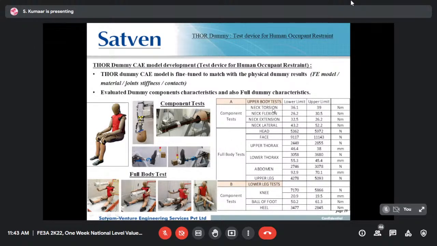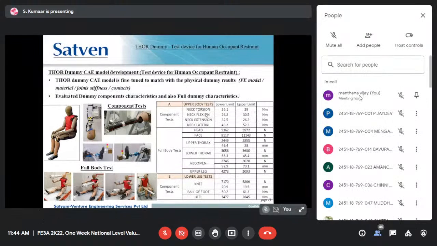Once I have achieved neck torsion at component level, then for the same neck we need to perform the flexion also. In order to achieve the flexion limit, we need to again modify the same part or some different part's material property or characteristics. While modifying those things, it should not disturb the neck torsion results. If it again disturbs the neck torsion, we need to find the common part or material which is affecting these results.